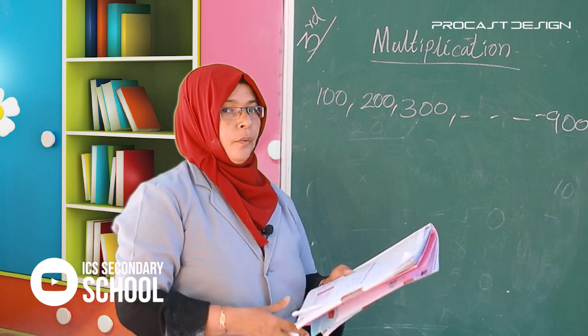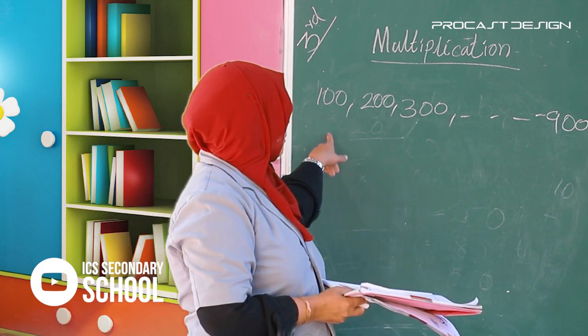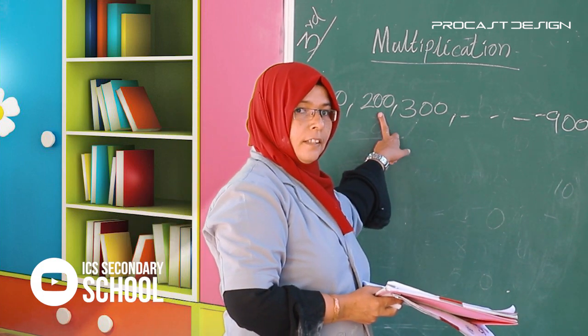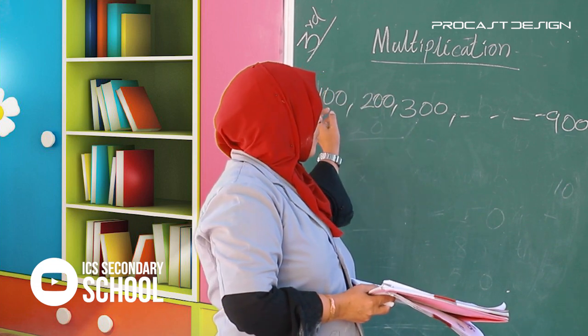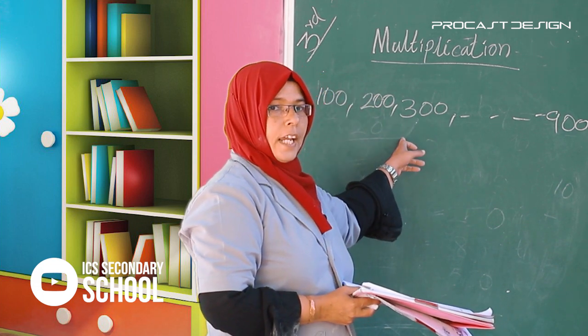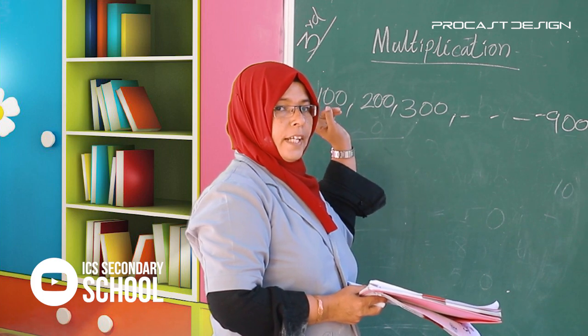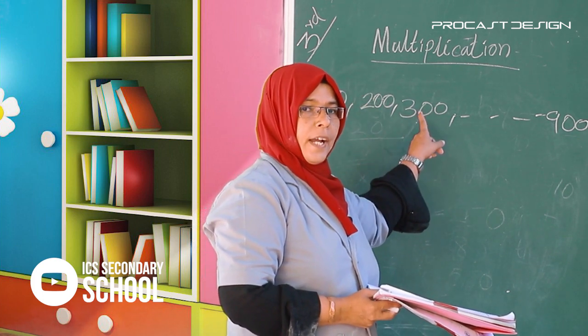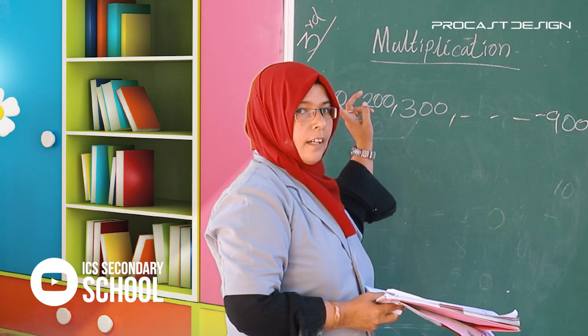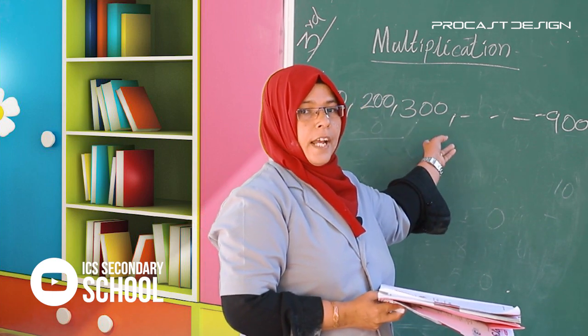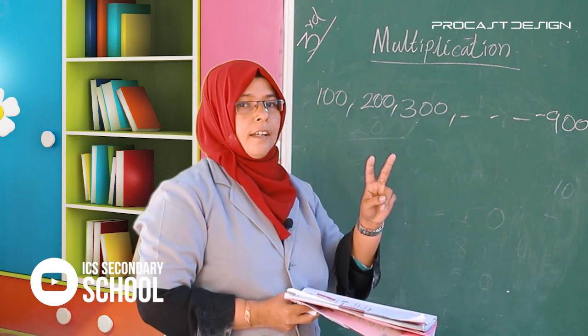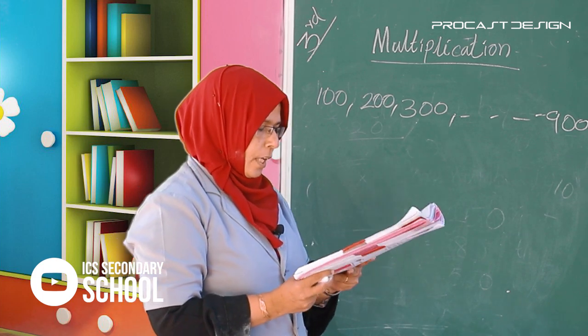In multiplying by 10, we write a 0 on the right side of that number, and in multiplying by hundreds, we write 2 zeros on the right of that number.